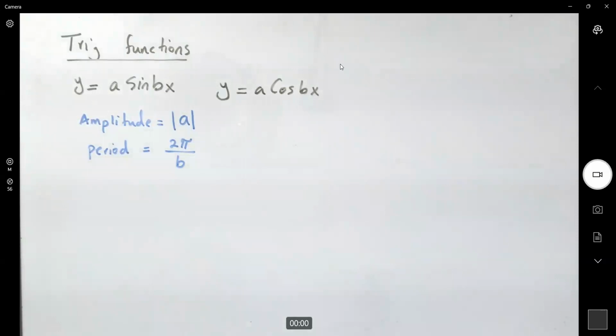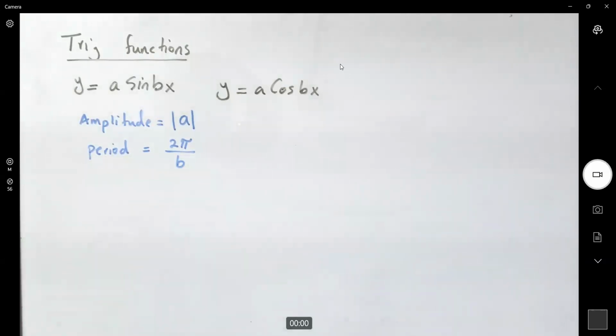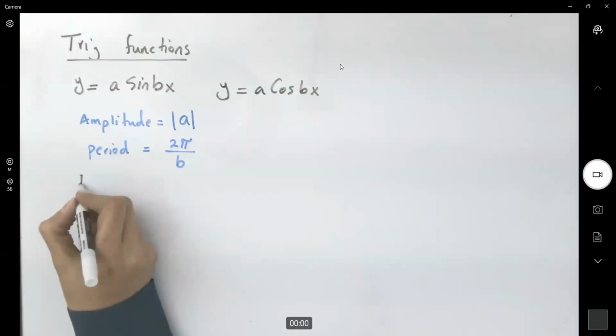So in general, we can write sine and cosine curve and their translation as follows.